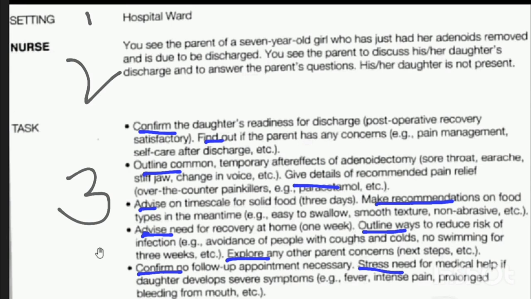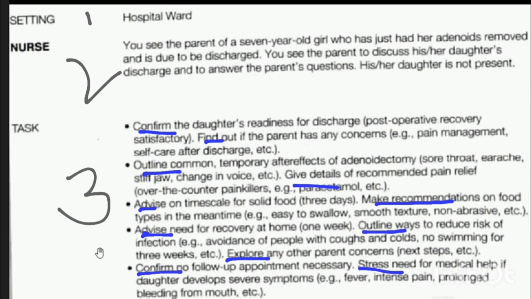In addition, no swimming for 3 weeks, because if swimming will increase the chance of infection. And then apart from this, another common way to get infections is contact with people with cold and cough. So we can say like this.